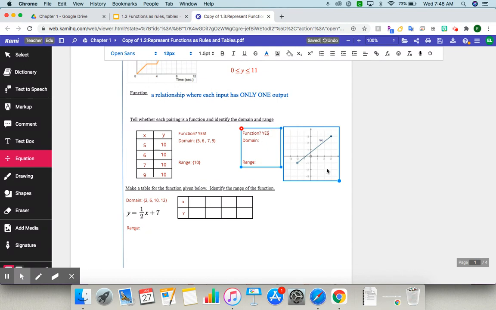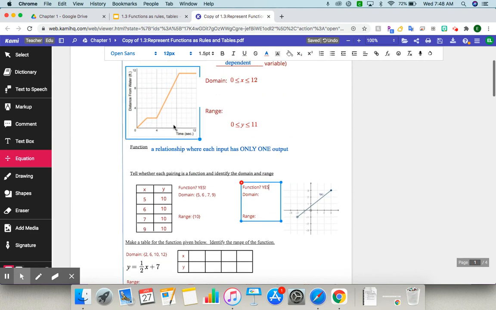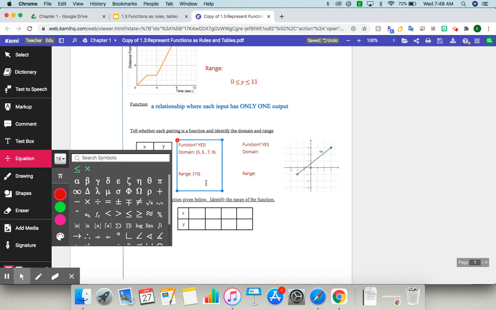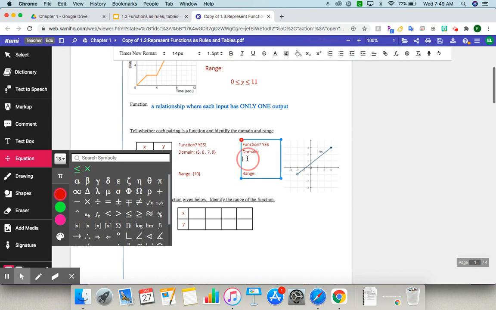Now the domain in this graph is similar to what we saw up here, since we would consider this a continuous function. So all of the numbers in between our whole numbers are included. So we want to use an inequality again. So notice our first x value is -2.